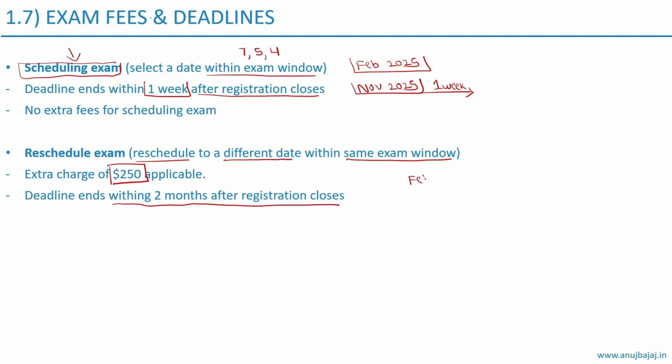So if you want to appear for the February 2025 examination, the exam registration closes in November 2024. The scheduling deadline is 1 week after the registration closes. The rescheduling deadline is 2 months after the registration closes.